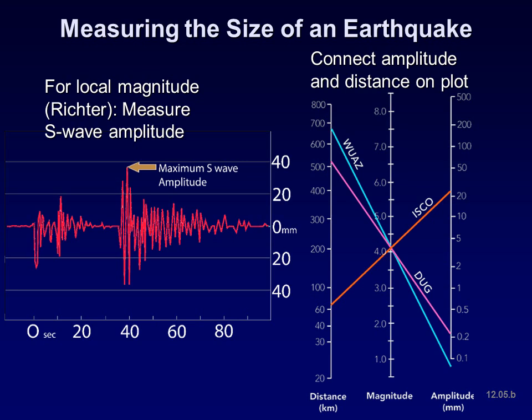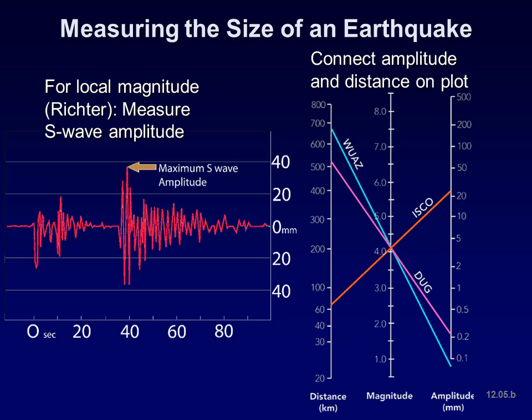All right, so this is one way to measure the size of an earthquake, and it's called the Richter scale, R-I-C-H-T-E-R. So when you hear about the magnitude of an earthquake, that was an 8.5, that was a 6.0, those are magnitudes on the Richter scale.